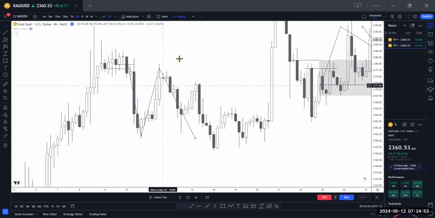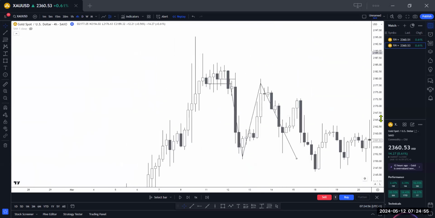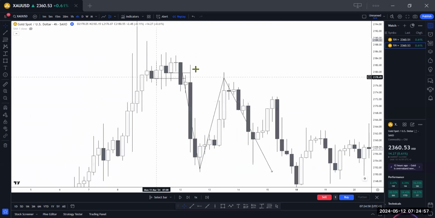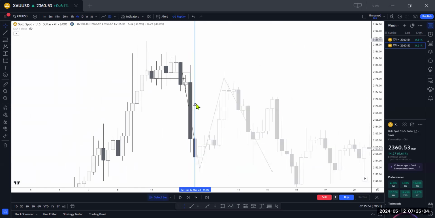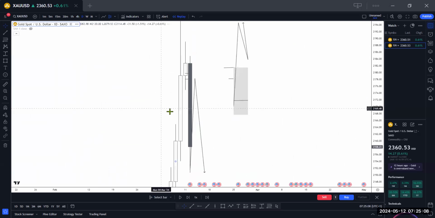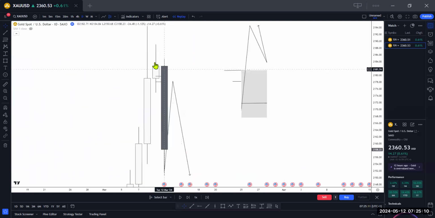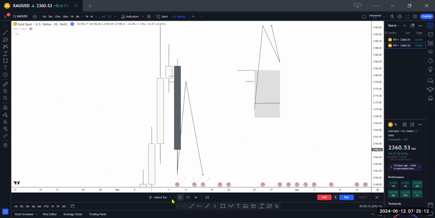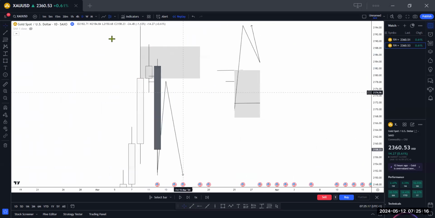Okay, the next one, what time frame do I go to? I go to the daily. Huge drop, right? So if I'm going to enter this trade, this will be my entry zone, right?